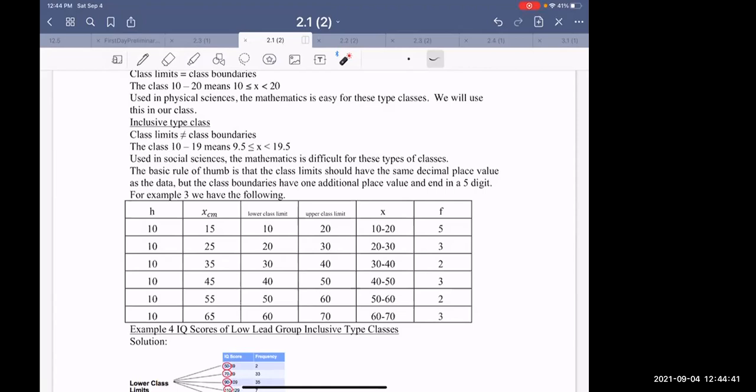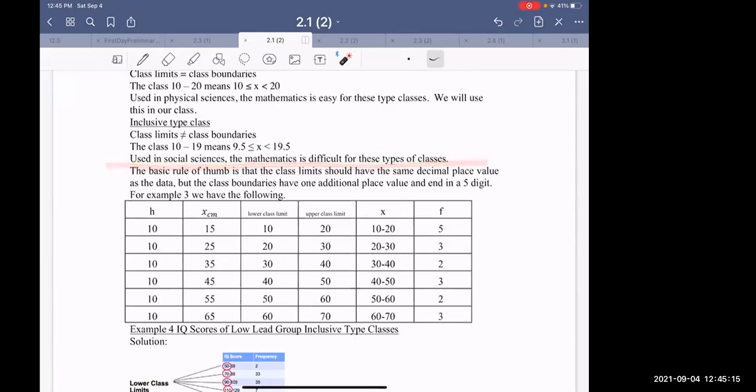We include the 9.5, but not the 19.5, just like above. So to me, there's no real benefit for writing it this way. It just makes your life harder. It makes all the mathematical computations more difficult. So I don't see an advantage in this.